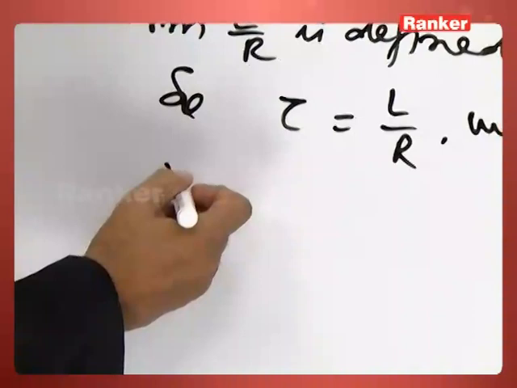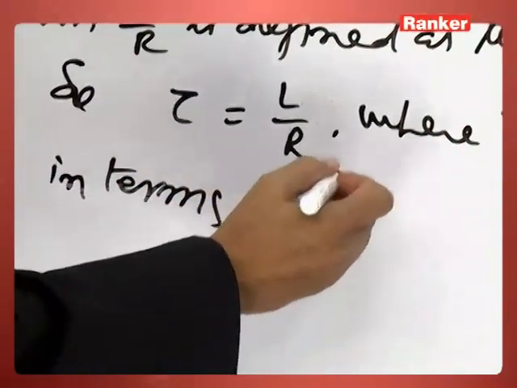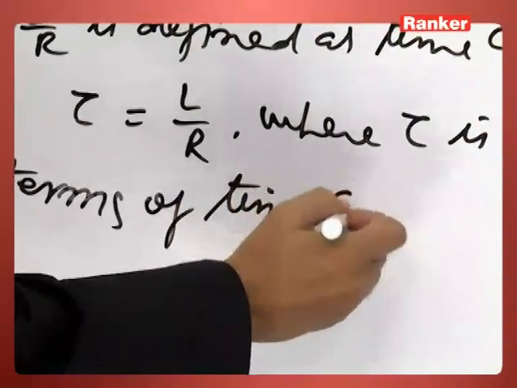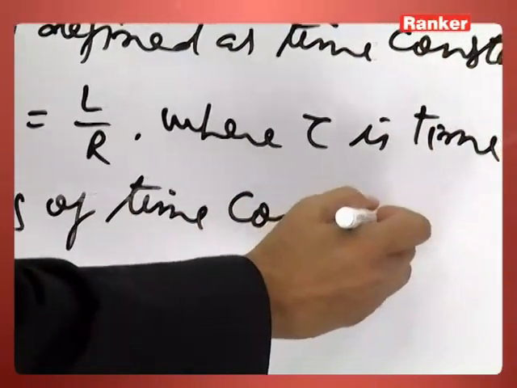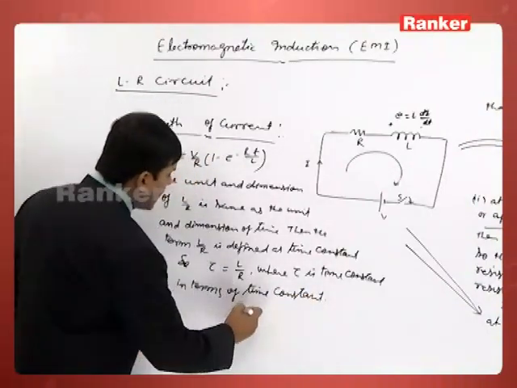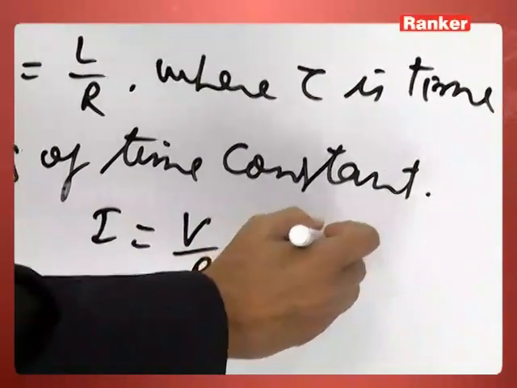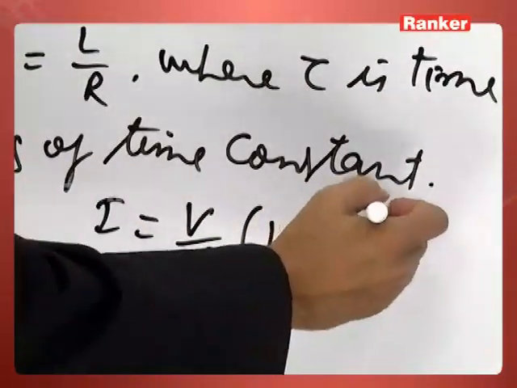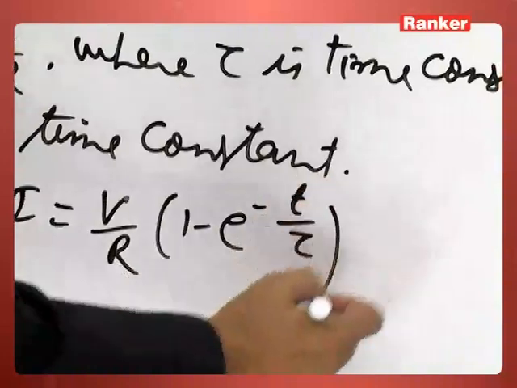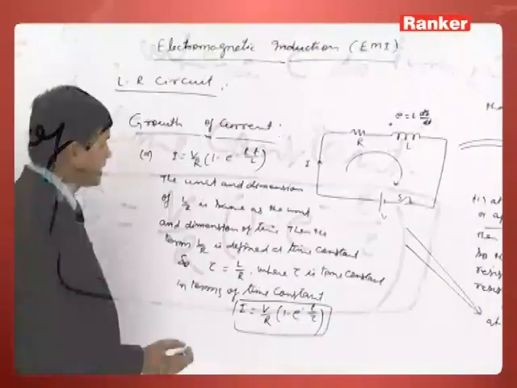So in terms of time constant, I is written as V by R times 1 minus e to the power minus t by tau. So this is another way by which we can define current.